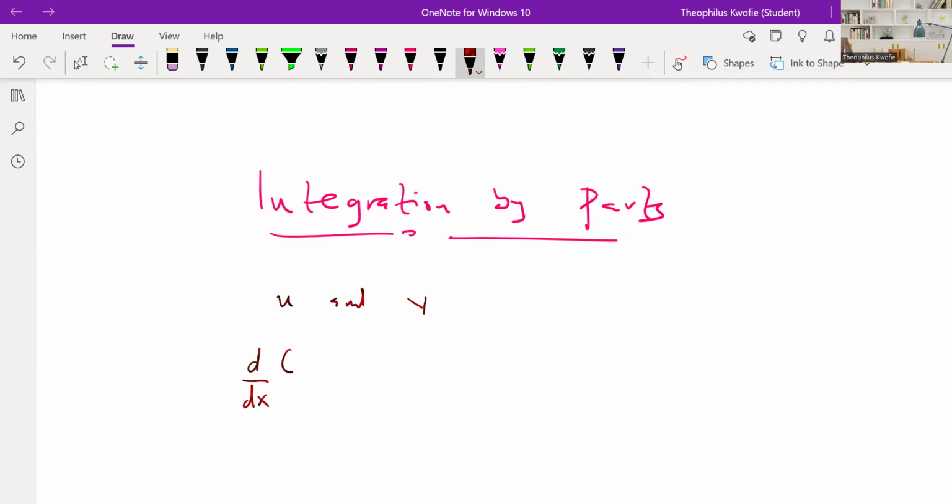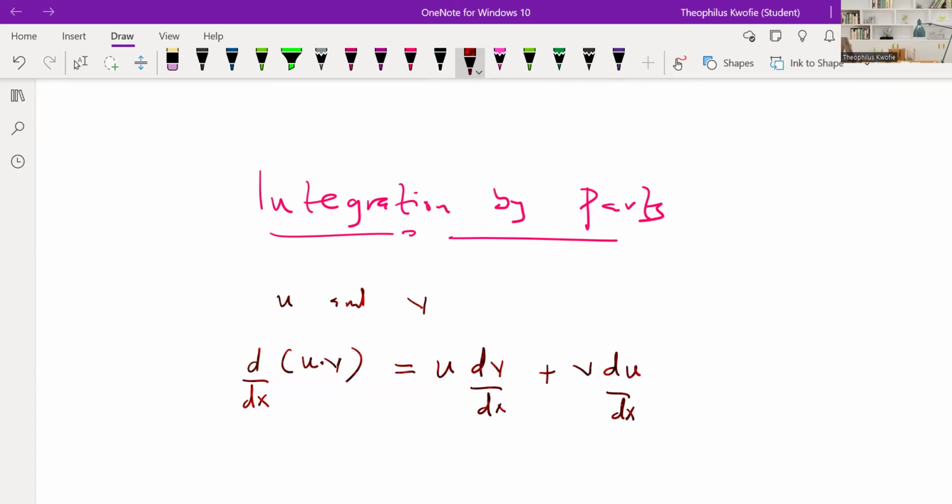Anytime we take their product and find its differential, we get something beautiful like this. All of this we learned in our previous episode, and you may want to revisit that so that you have a better understanding of what we are about to do. Now, how do we come about integration by parts?